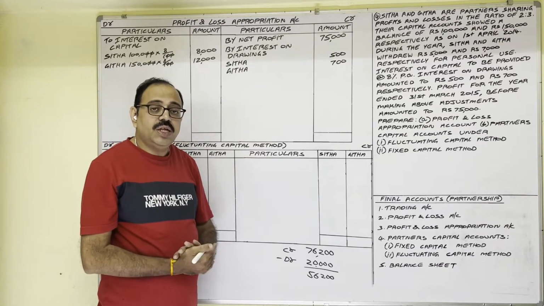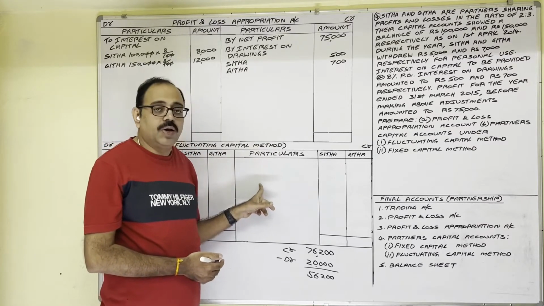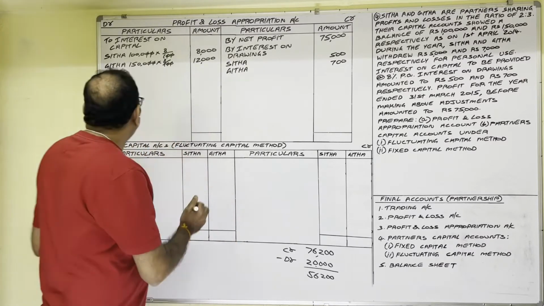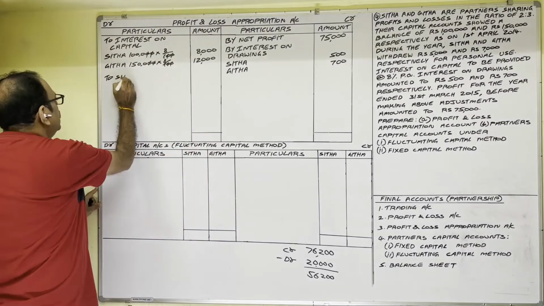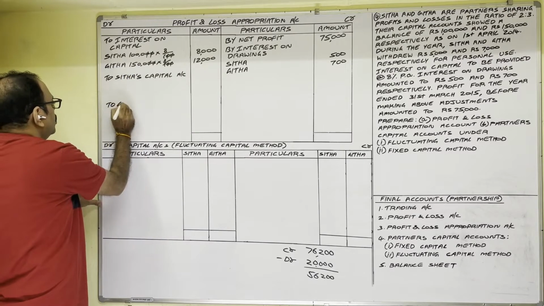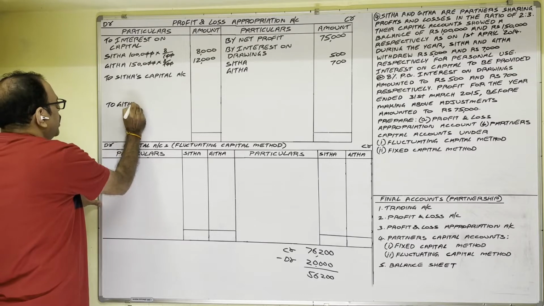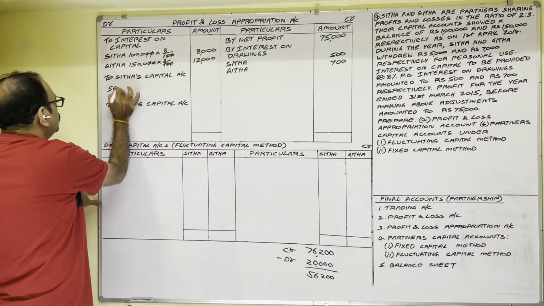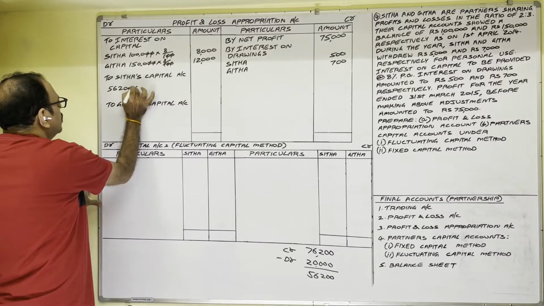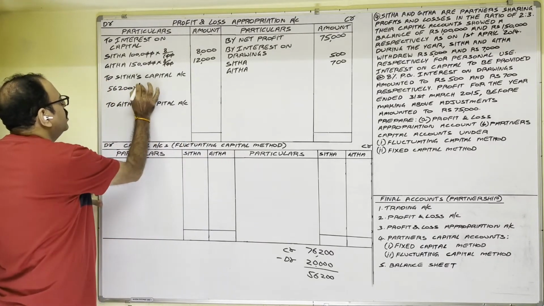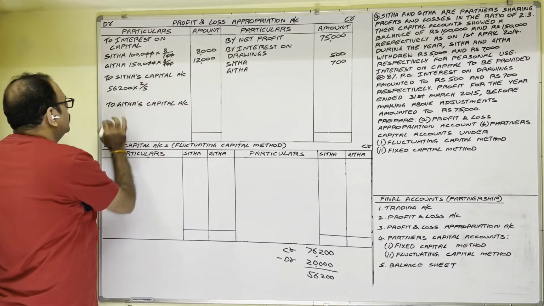By transferring this profit to the partners' capital accounts, we have to close this account. So debit side, Sita's capital account, next Geeta's capital account. Profit is 56,200. Sita's share: 2 is to 3 means 2 by 5, so 56,200 into 2 by 5.